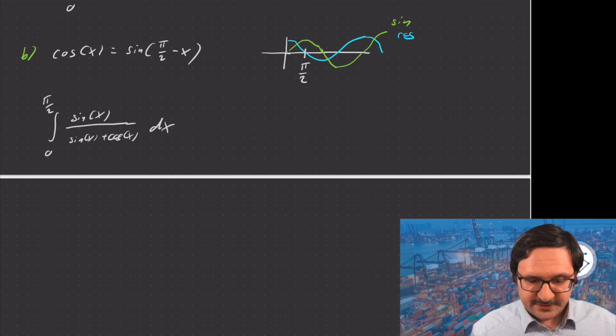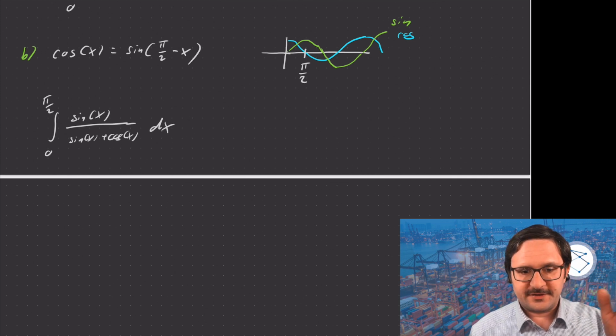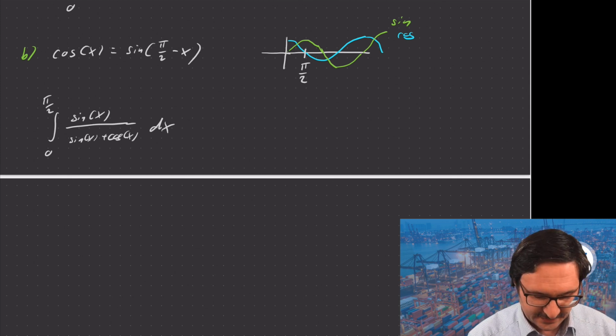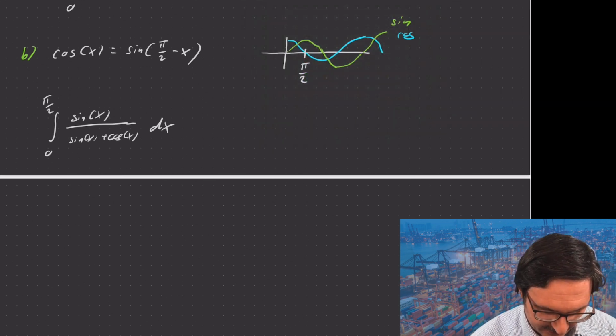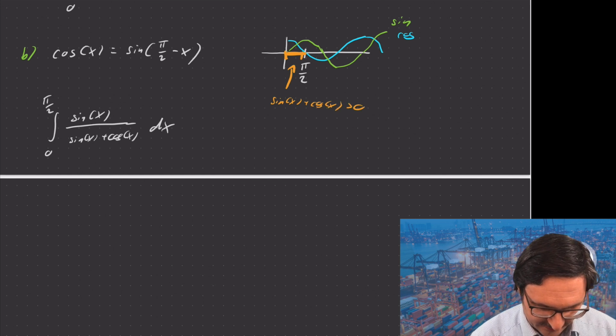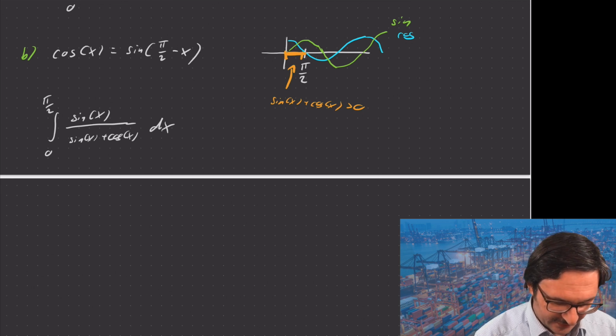And as you can also see in this interval from 0 to pi over 2, the sum of sine of x and cosine of x is, of course, greater than 0 everywhere on that interval. So the denominator here is not a problem for us.